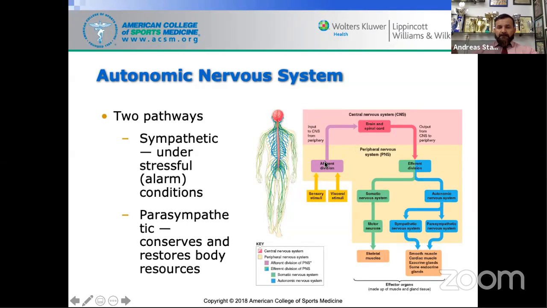Now, let's talk about the afferent. We have stimuli that come from, let's say, our organs and from our periphery in general, right? Senses like I'm touching my face now. There's information coming all the way to my brain about temperature, or if there is pain. So that's sensory stimuli.